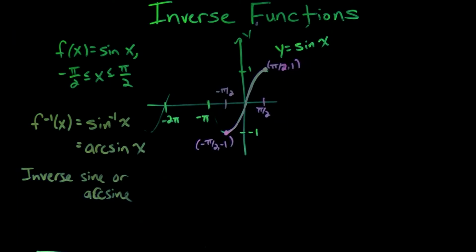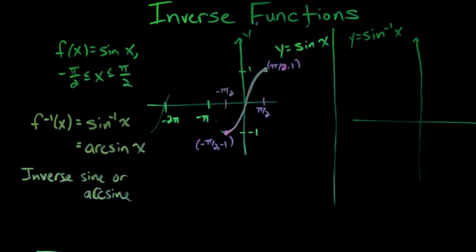Okay, and what is the graph of this inverse sine going to look like? So remember, we can get the graph of the inverse function by reflecting the graph of our function across the line y equals x. Or probably a better way to think about it is to just flip the x's and y's.